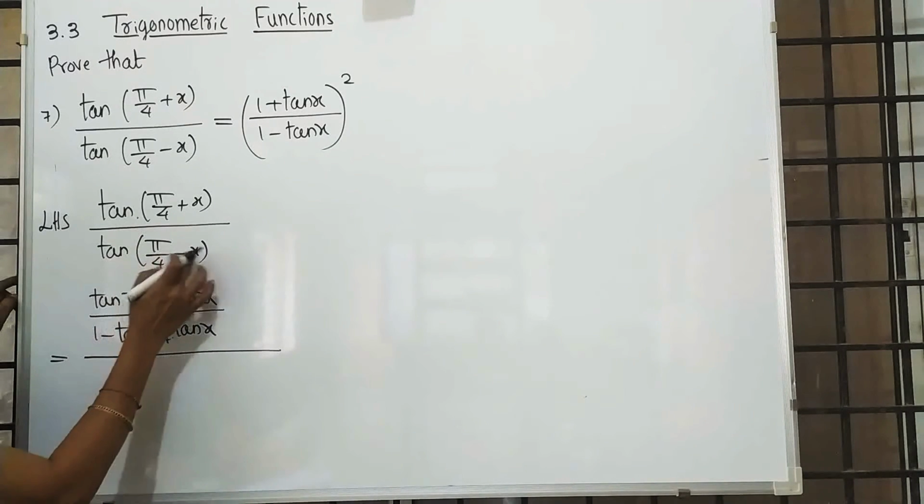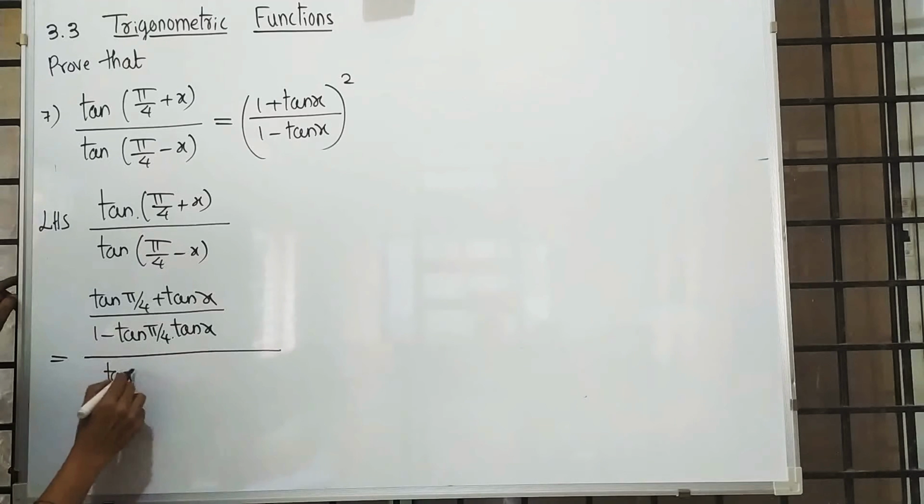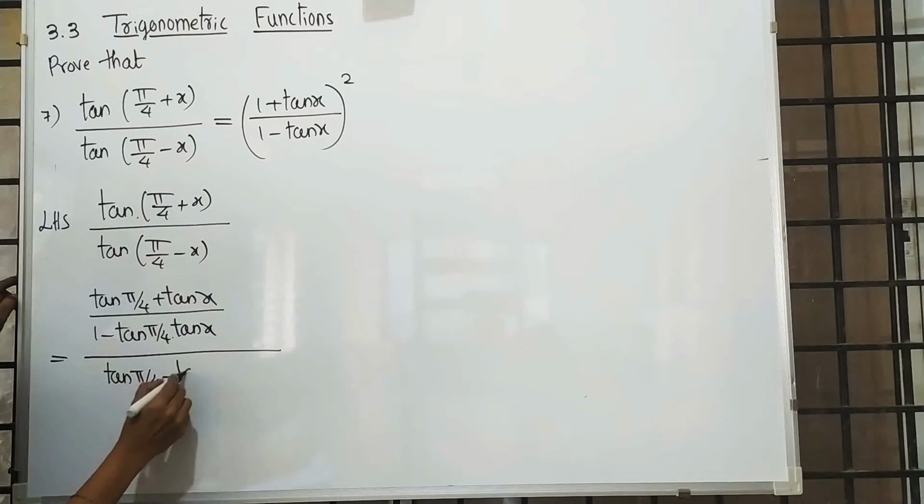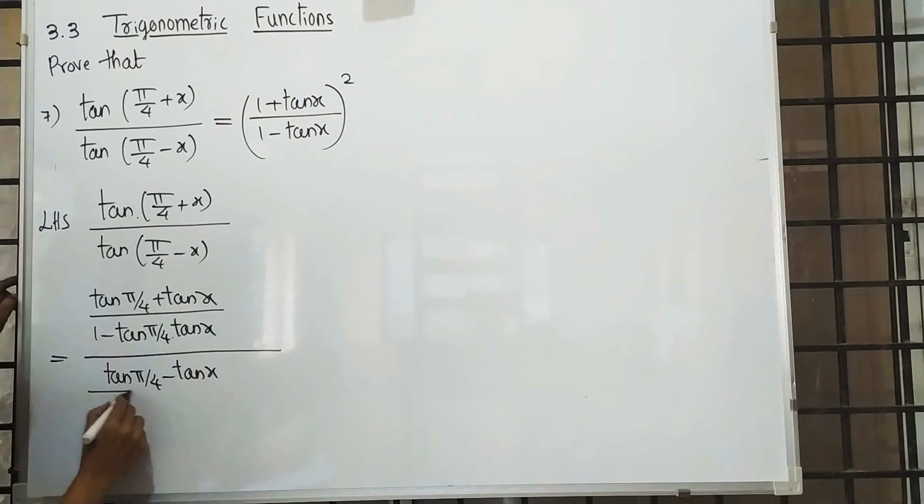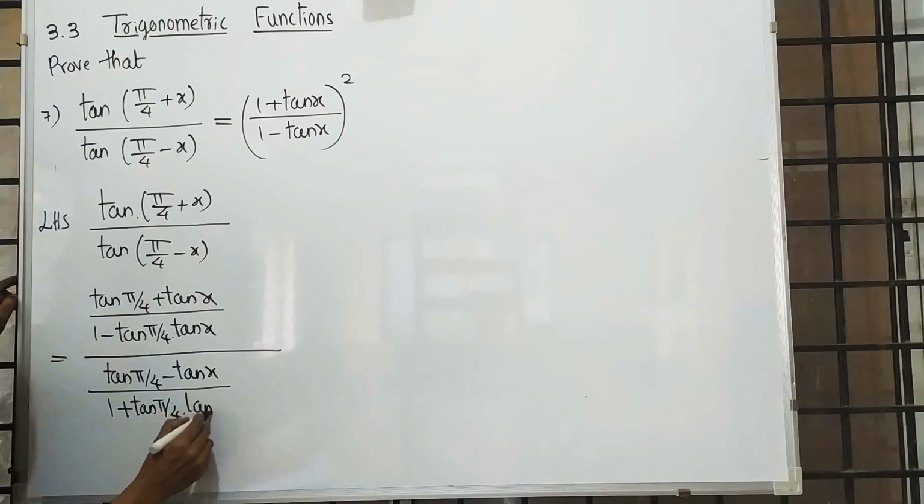Again tan x minus y formula. Refer to that: tan pi by 4 minus tan x upon 1 plus tan pi by 4 into tan x.